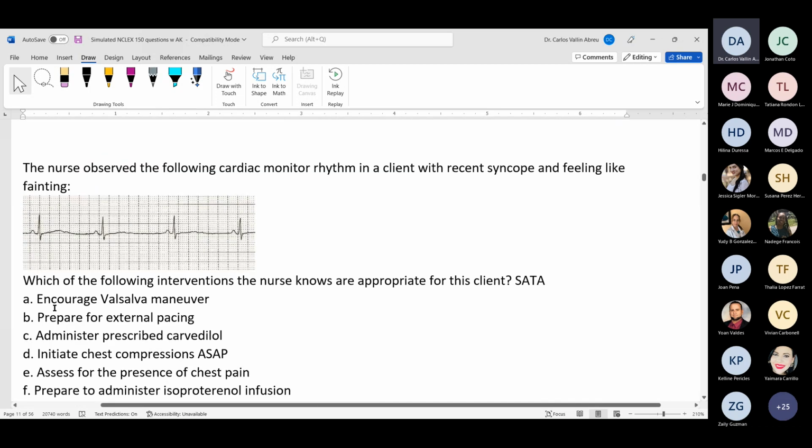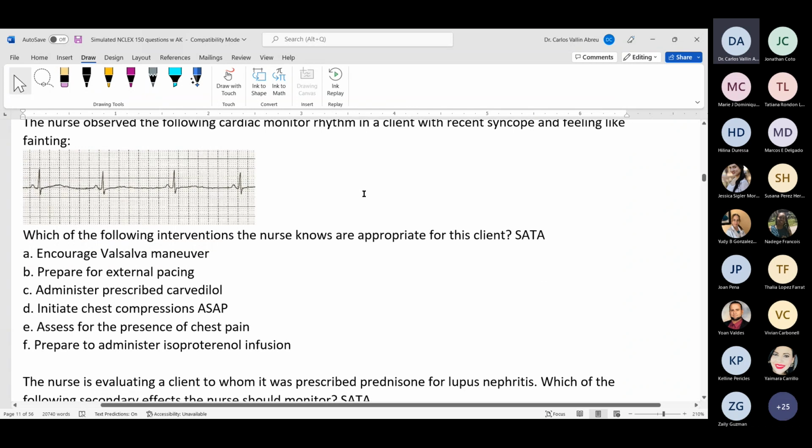The nurse observed the following cardiac monitor rhythm in a client with recent syncope and feeling like fainting. Which of the following interventions does the nurse know are appropriate for this client? Select all that apply. First, what do you notice in this EKG? Bradycardia: there are more than 5 big boxes, so it is bradycardia.